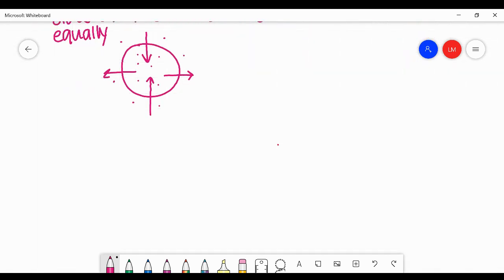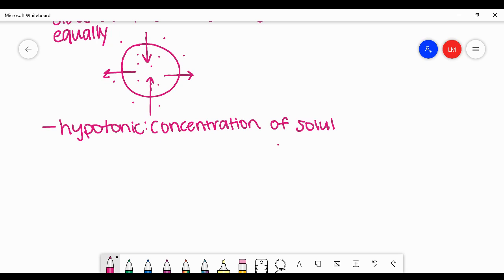The next type of solution is called a hypotonic solution. In a hypotonic solution, the concentration of solutes is higher inside the cell.